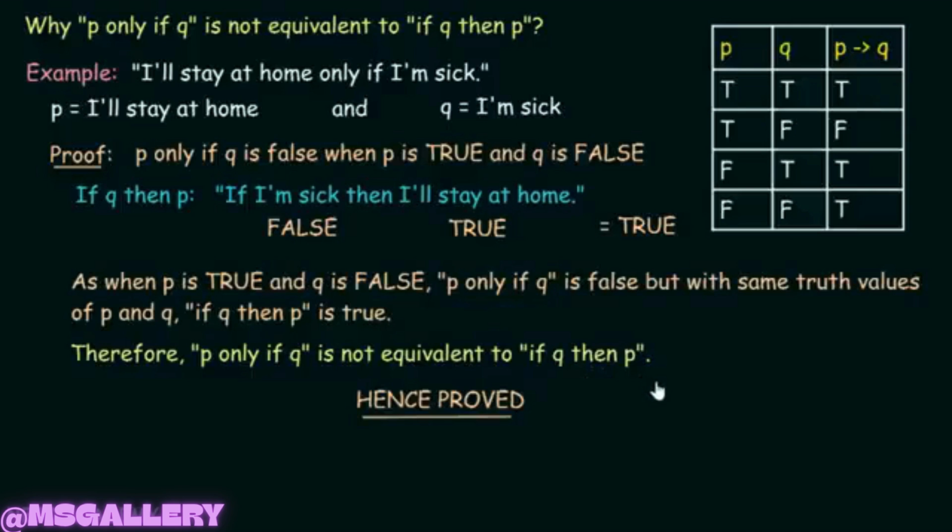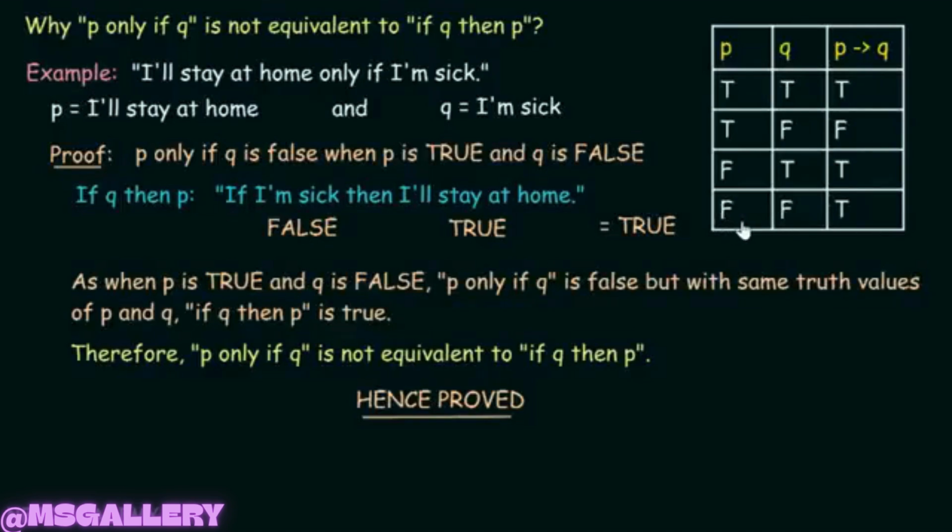Now please also remember one important point. If you remember in the previous example when we talk about P only if Q, when we are saying from the context of Q, we said that when Q is false, then P has to be false. We didn't say anything about when Q is true, then P has to be true. Why is it like that? Let's see the truth table. When Q is false, then P has to be false.